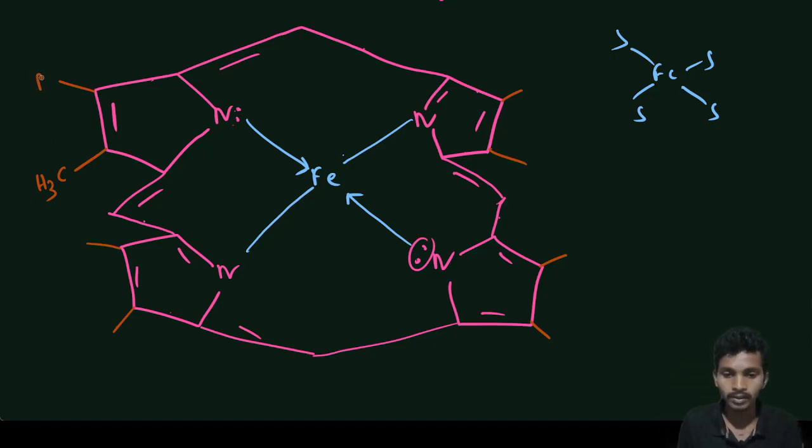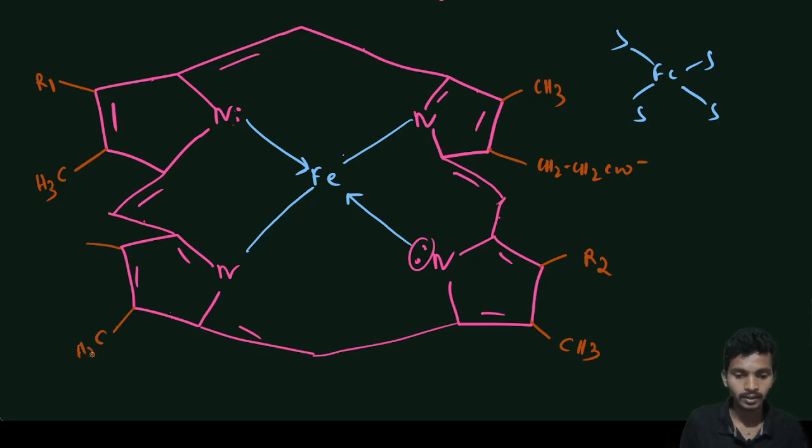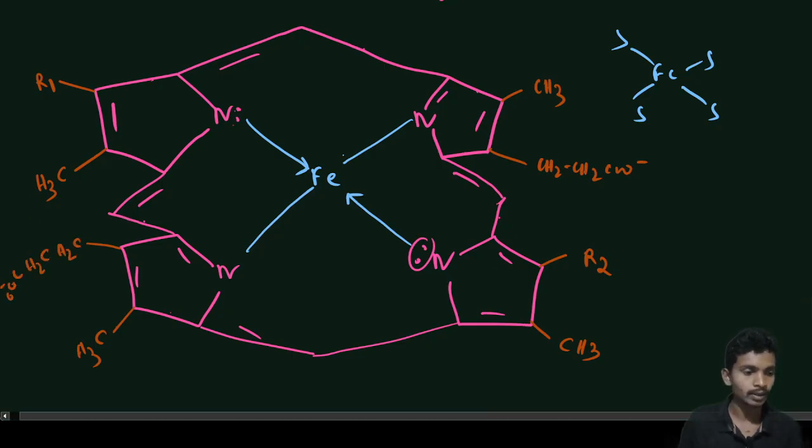CH3, here this R1, and this structure is again here also CH3, here is R2, and here it will be CH3, and here it will be CH2 CO minus, and again here CH3, and here again CH3, CH2, CO minus. Okay, so this is the structure of the porphyrin ring with the Fe atom.